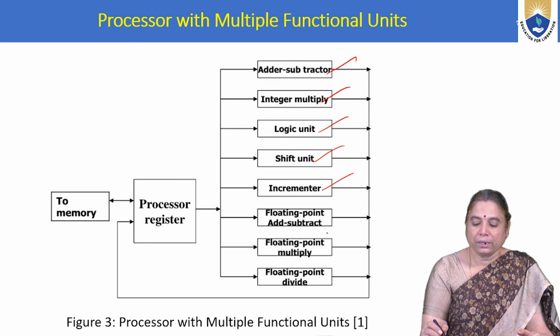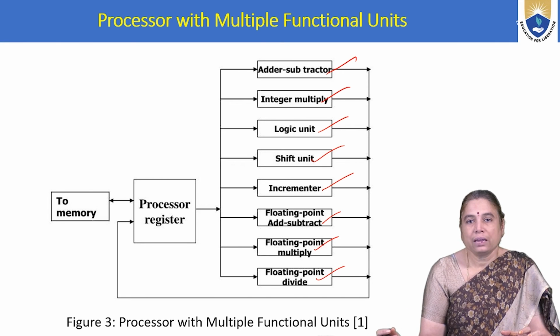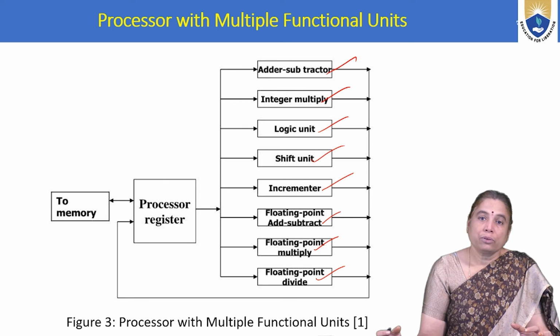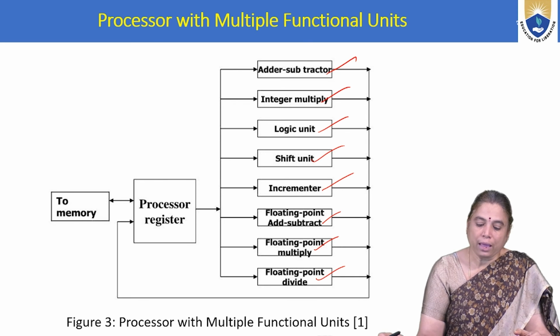Floating point operations are supported with special functional units: floating point adder-subtractor, floating point multiply, and floating point divide. So instead of a single arithmetic logic unit, specialized multiple functional units can be employed to support parallel processing.